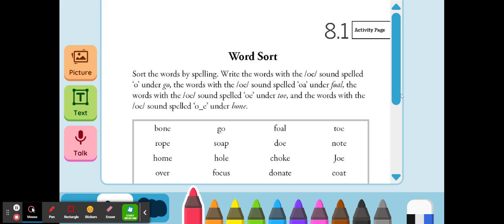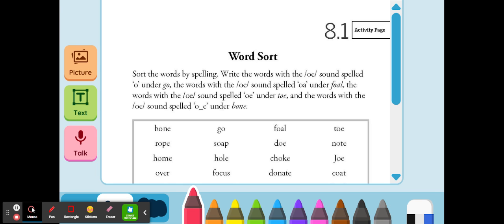Now you will do a word sort inside of your book. You're going to sort the words by spelling. Write the words with the O sound spelled O under go. The words with the O sound spelled OA under foul. The words with the O sound spelled OE under toe.